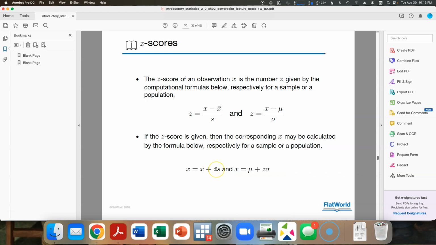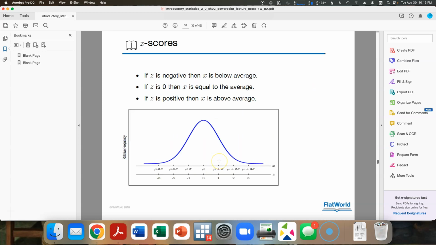Essentially, what we see with a z-score is that if the z-score is negative, then we know that the observation is below the mean score. If the z-score is 0, then we know we're exactly at the mean. And if the z-score is positive, then we know that we exceed the mean score.